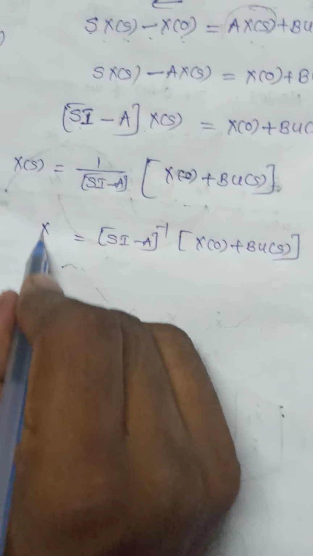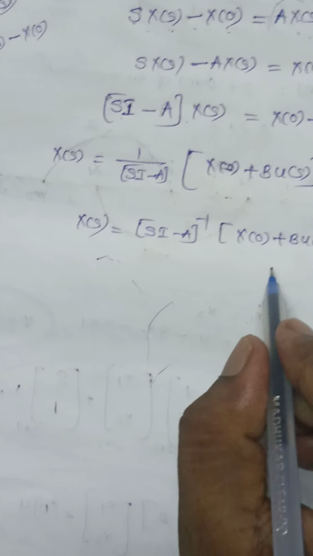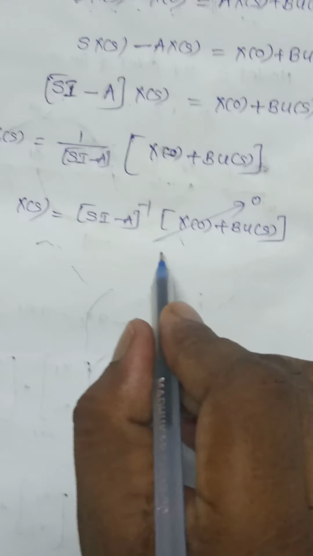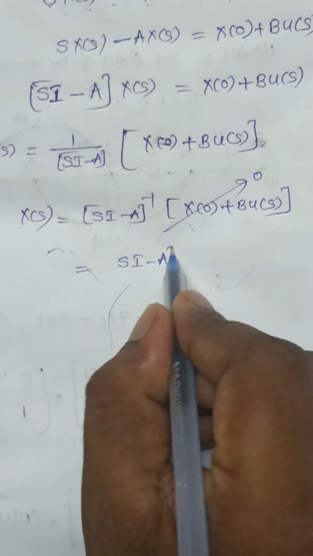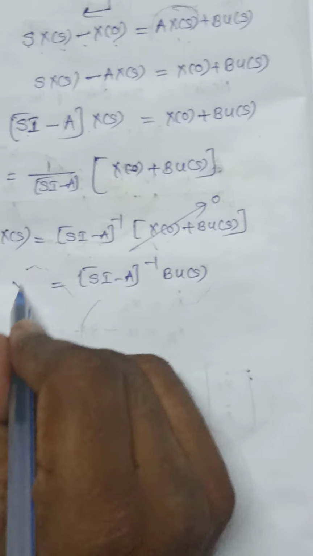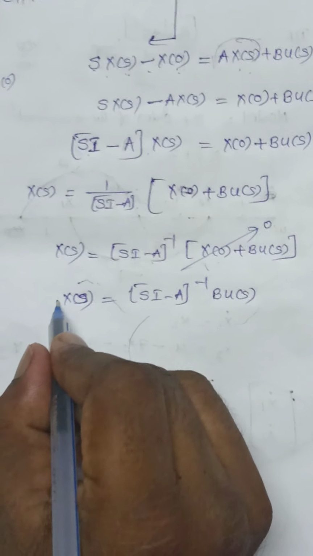Okay, so this is X of s, but here if the initial conditions are neglected, then X of 0 is 0 here, that is equal to (sI minus A) whole inverse into B into U of s. So this is X of s.